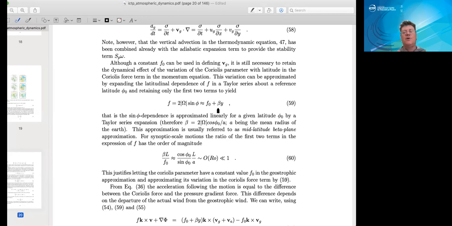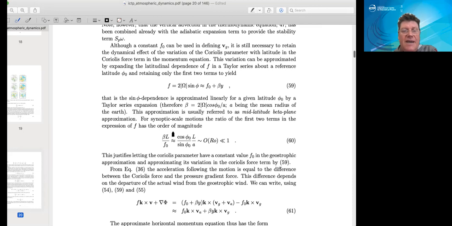That means we cannot go too far away from our base point. We can only go maybe 1,000 kilometers or a few thousand kilometers, but not all the way to the equator or the pole. We have to stay in some kind of channel in the mid-latitudes so that our approximations are valid. Again, beta times the length scale divided by f_0 should be of the order of the Rossby number, so much smaller than 1, 10 to the minus 1.